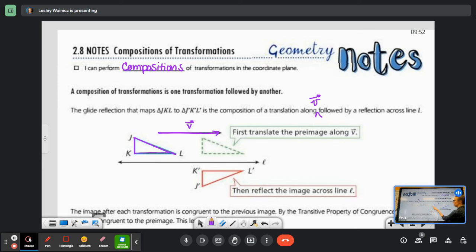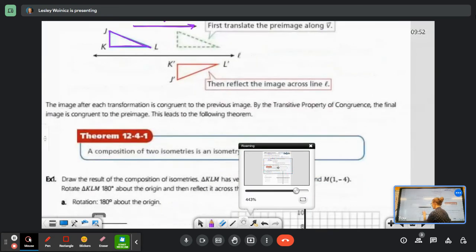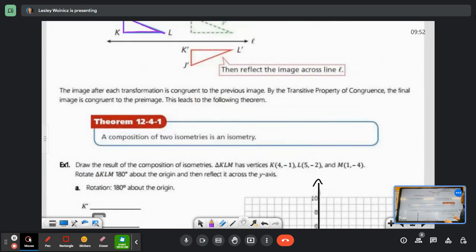And then we're reflecting it in the line L. If we're doing two isometries, so not dilations, and we have the image after each transformation congruent to the previous one, then by the transitive property of congruence, the final image is congruent to the pre-image. So this leads us to the theorem that a composition of two isometries is an isometry.